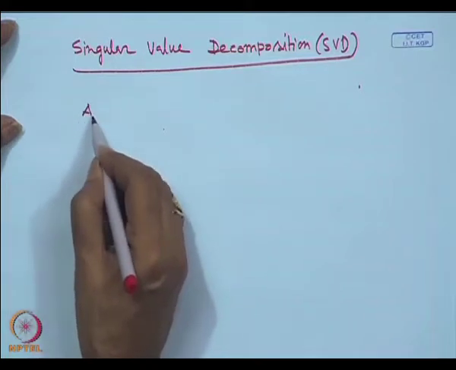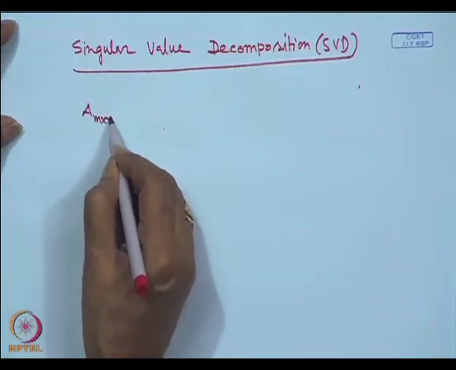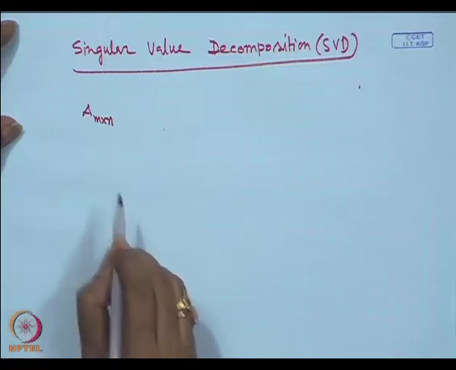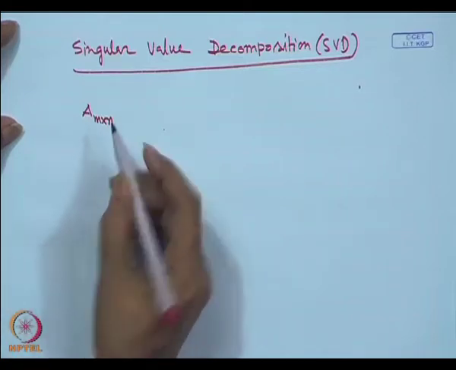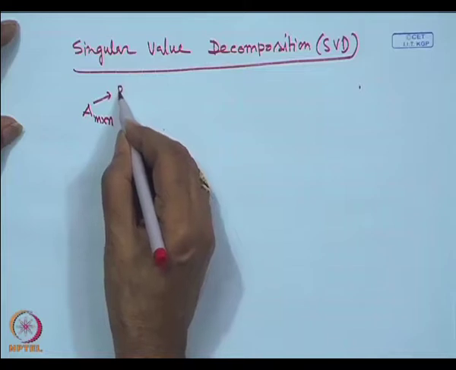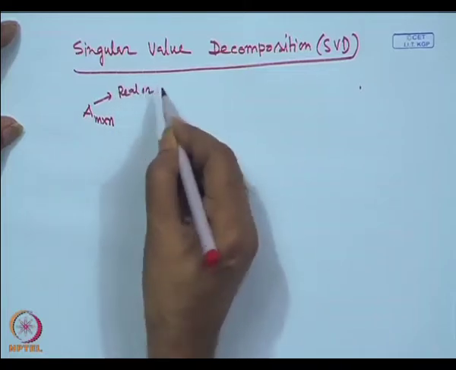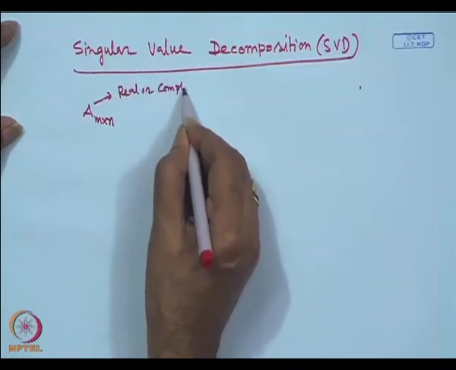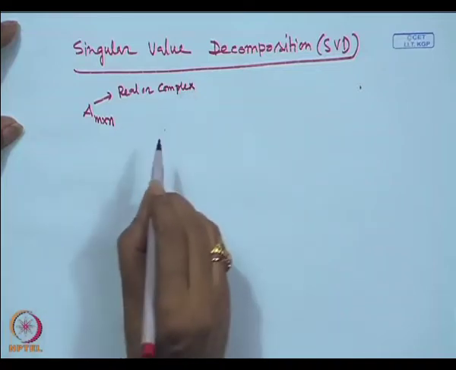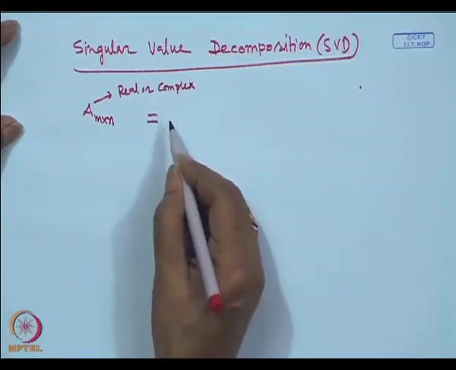If you have a non-square matrix A, this matrix may be real or complex. This matrix we can decompose into 3 matrices.